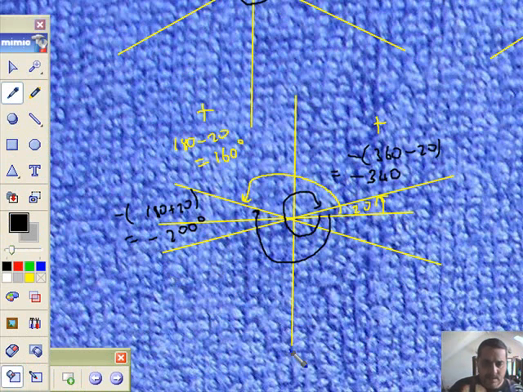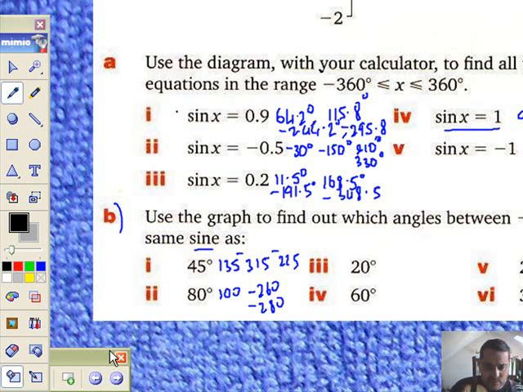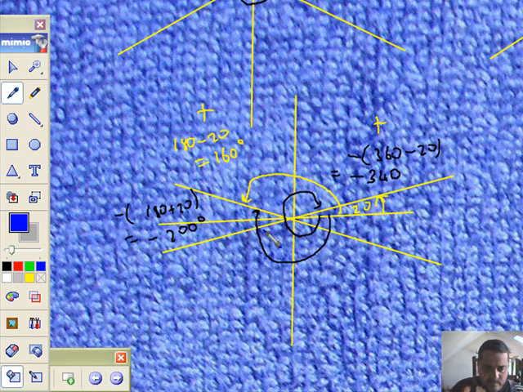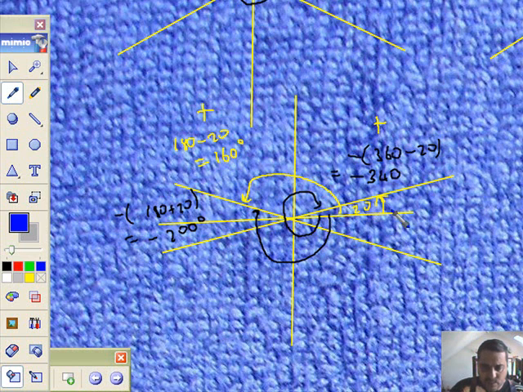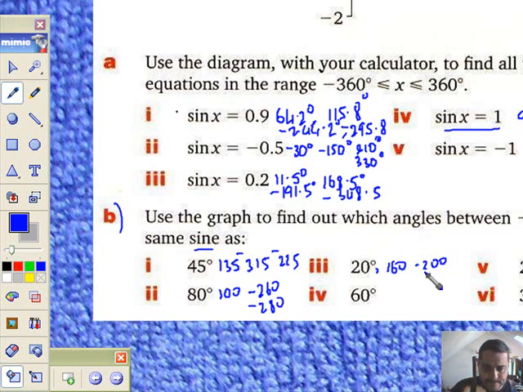Alright, and so it's just writing these solutions in. So we've got 20, we've got 160, then we've got minus 200, and what's the last one? Minus 340.